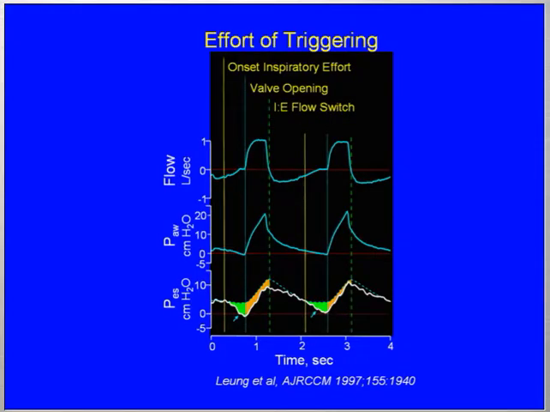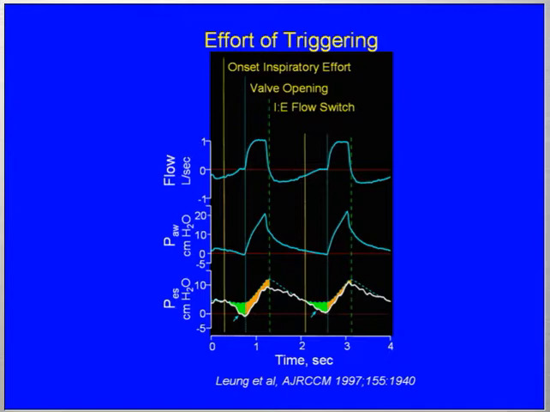Now, what is the effect of that? The effect is an increased amount of patient effort required to trigger the ventilator. Not only does that happen during the trigger phase, as shown in the green bar here, and I'll explain this in a little bit of detail, but it also spills over into the next part of inspiration, or the bulk of inspiration, what we call the immediate post-trigger phase.